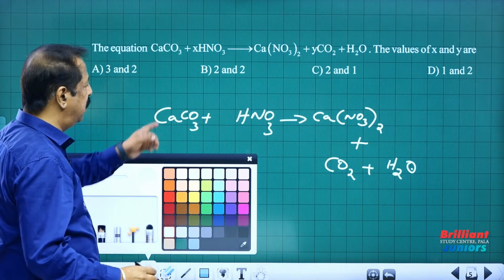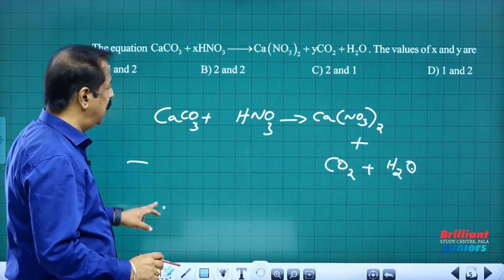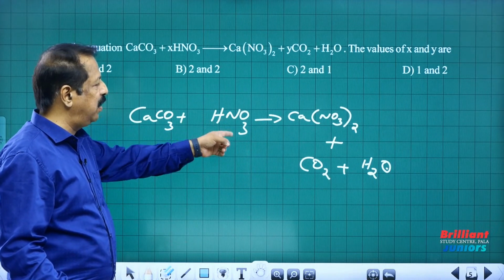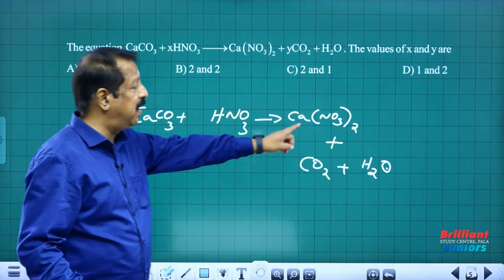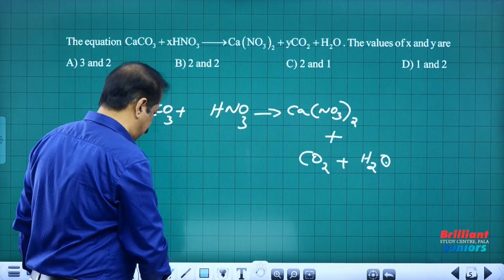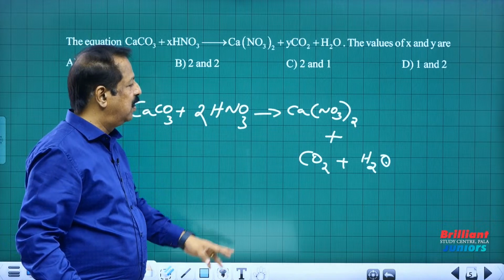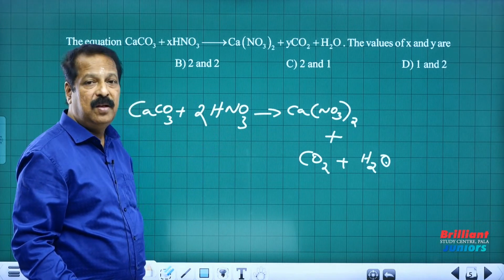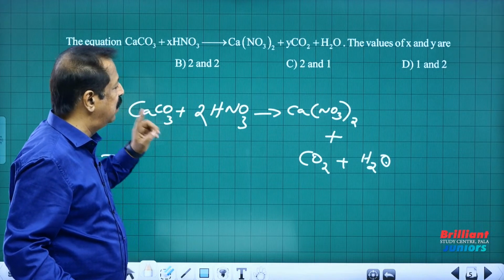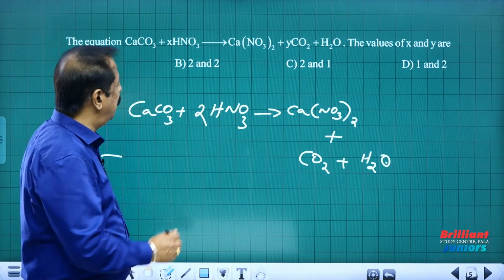Here you have only one calcium, and here also only one calcium, so calcium is balanced. Here HNO3 has only one NO3, but here NO3 is 2, so we will put a 2 here. So 2HNO3, Ca(NO3)2, then water H2O, here 2H, then carbon dioxide: here one carbon and there also one carbon.